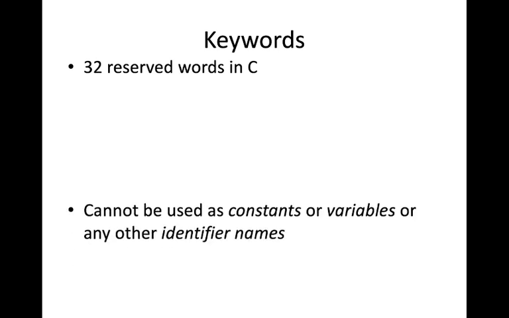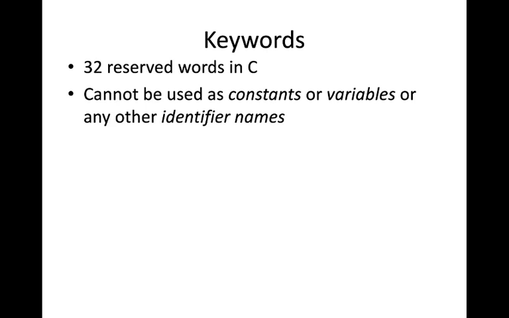The next term in C is the keyword. There are 32 reserved words in C. These words cannot be used by users for their variables. We'll see what a variable and an identifier are later. These are reserved words already defined in the C compiler, so they cannot be used as constants, variables, or other identifier names like function names.